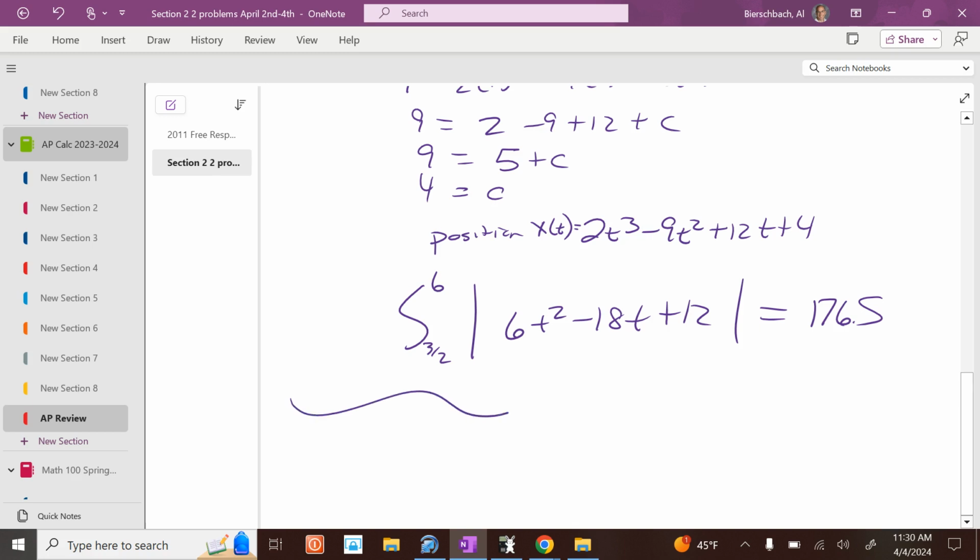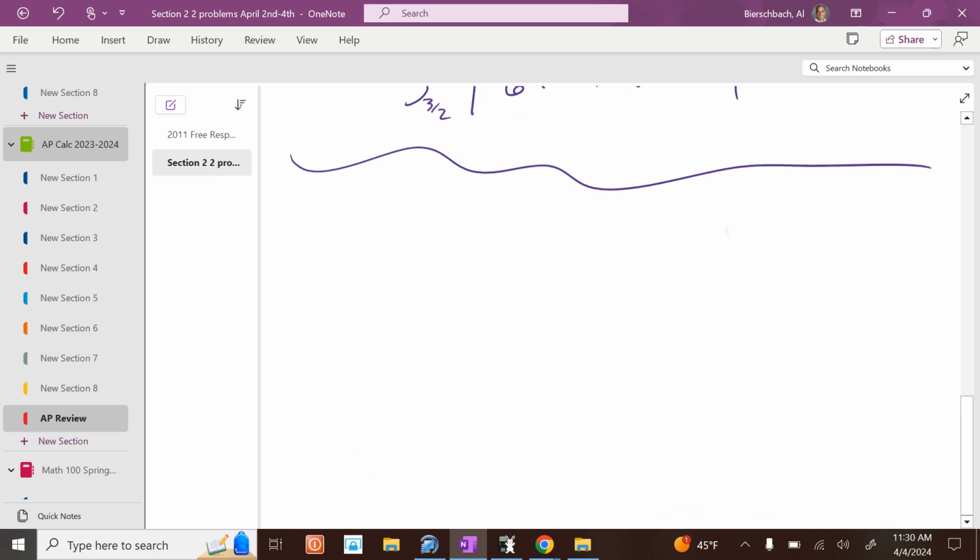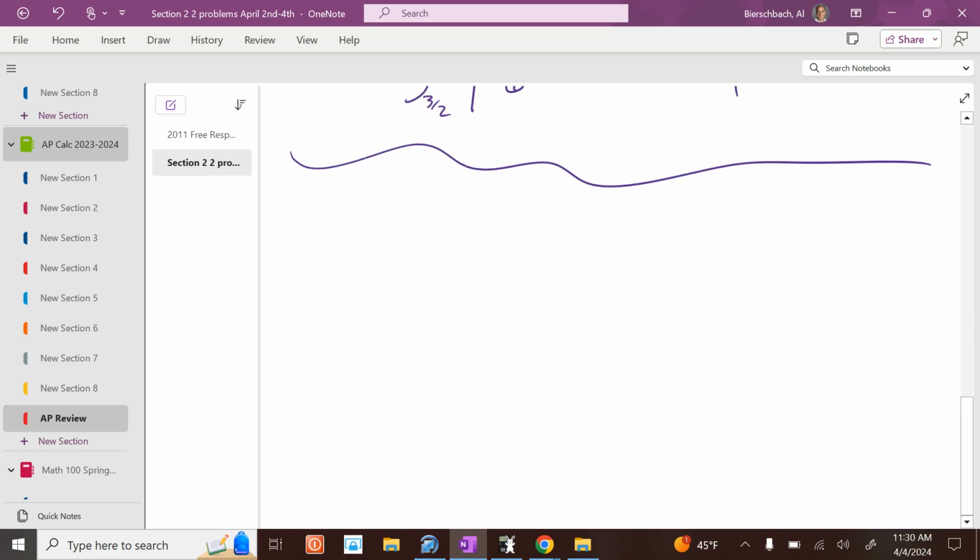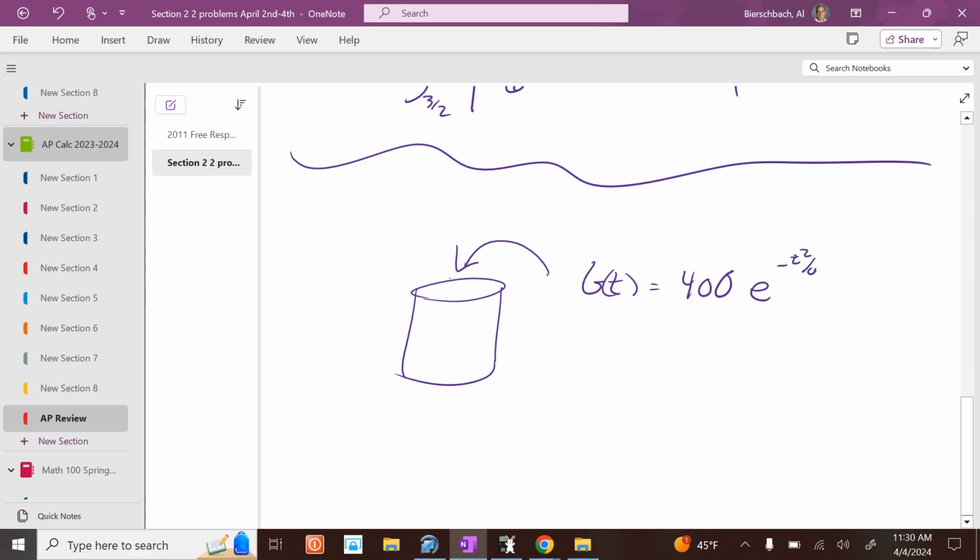Okay, the second part. Grain is being loaded into a silo. So grain is going into a silo at the rate of G of t equals 400 e to the negative t squared over 4 power, in cubic feet per hour.